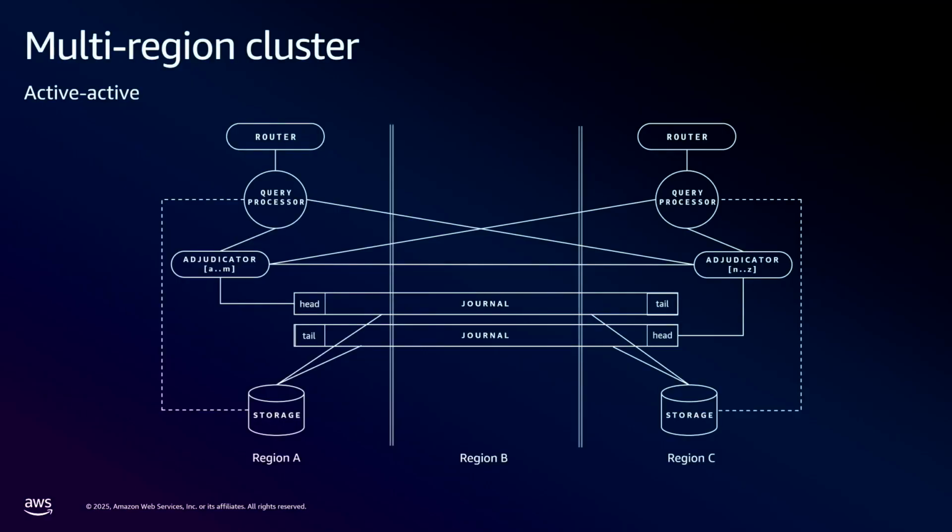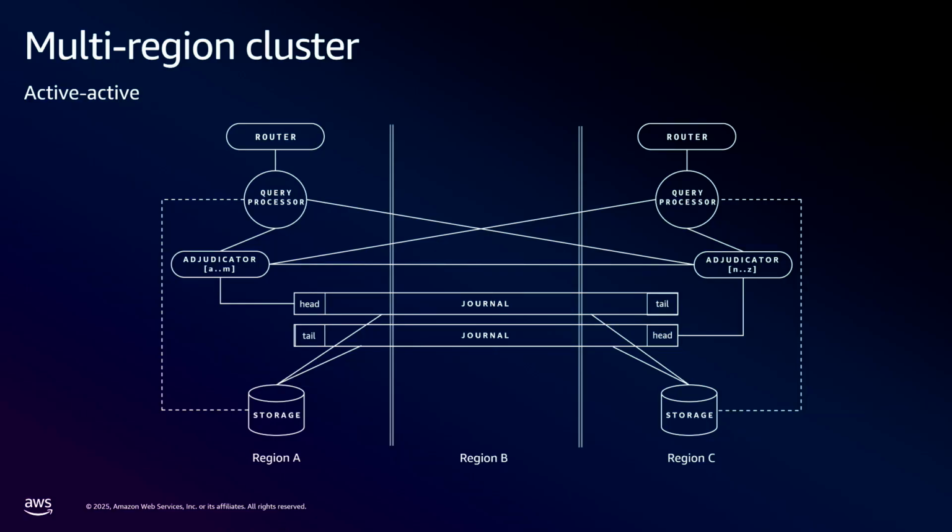So this snippet is basically giving you a logical view of the internal application stack of DSQL. A multi-region DSQL cluster is spanned across 3 different regions. You have region A and region C as primary. And you also have region B as a witness region.